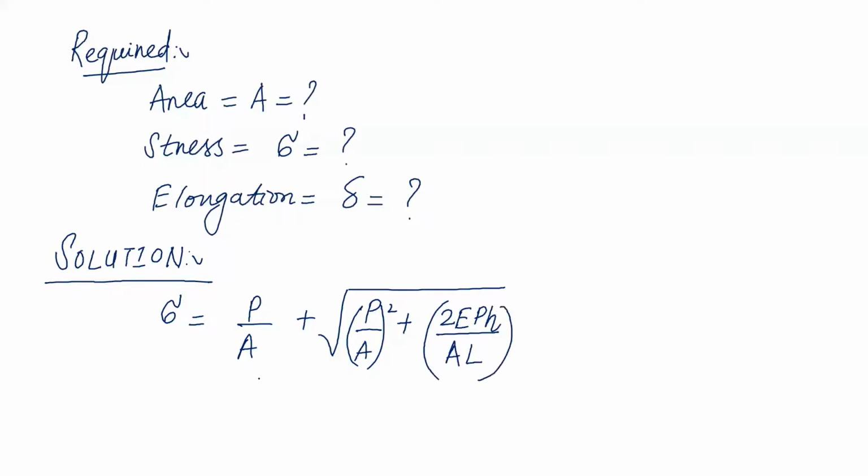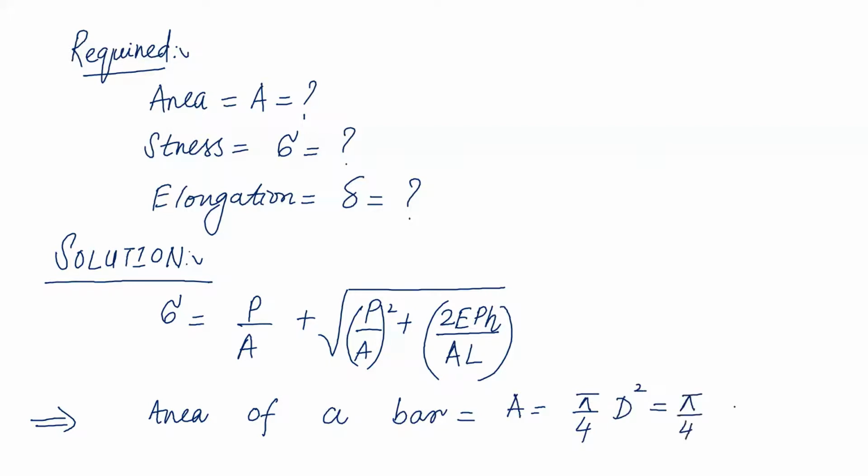Now I have to put in all the values, but before that I have to find the area of the bar. Area is equal to pi by 4 d square. That is pi by 4, the value of d is 12 square. So what is the answer for the area?